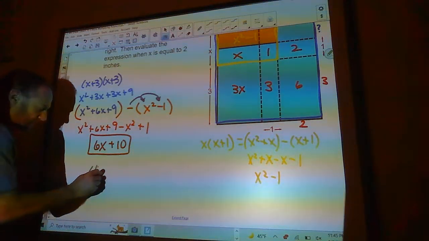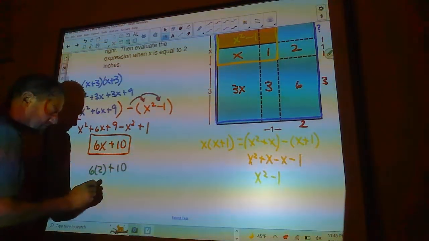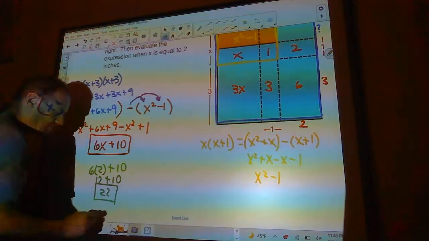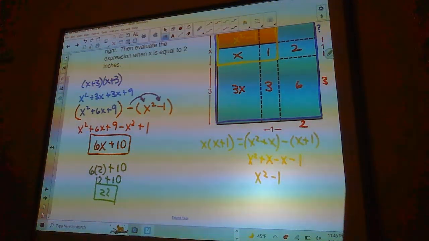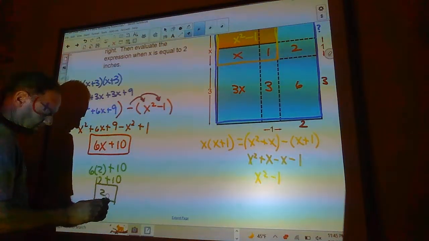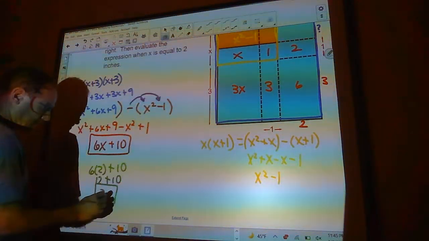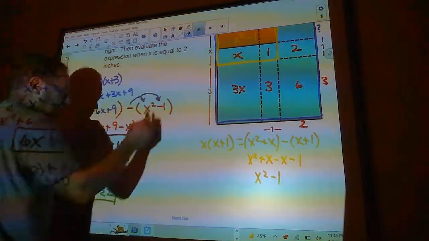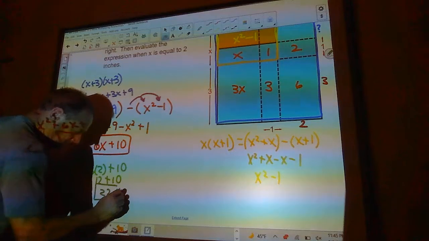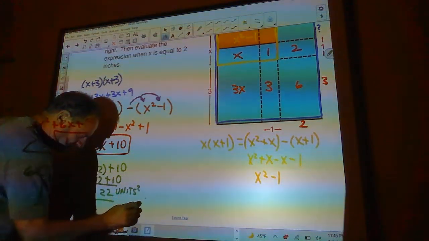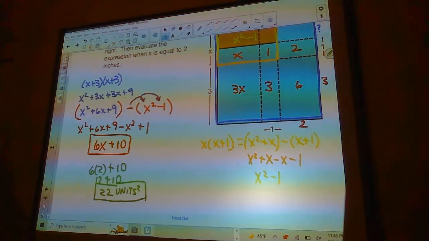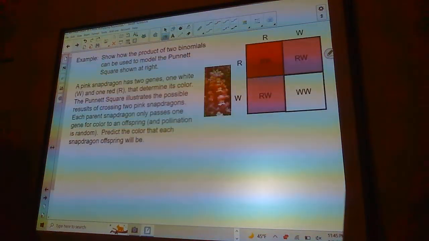So that'd be 6 times 2 plus 10, which is 12 plus 10, which is 22. So these are going to be 22 square units. And I'm done with that one. And you know what? I should have my square units on here. That's better. Okay. So that was a hard one, but we got it done.